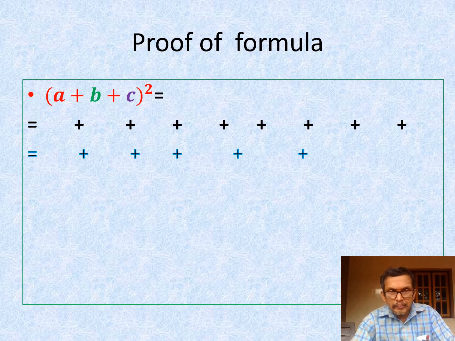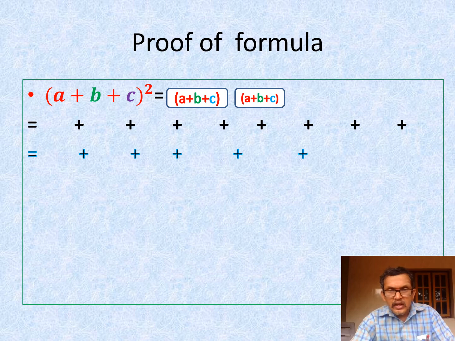So a plus b plus c whole squared means a plus b plus c into a plus b plus c. 2 squared means 2 into 2, a squared means a into a. Similarly, a plus b plus c whole squared equals a plus b plus c into a plus b plus c. Now multiply.